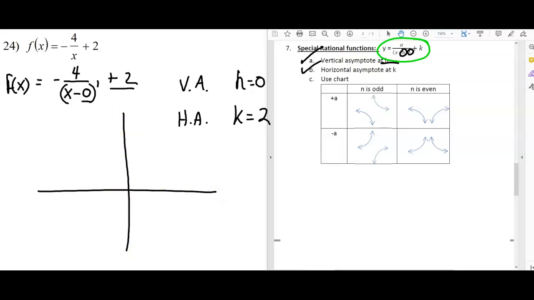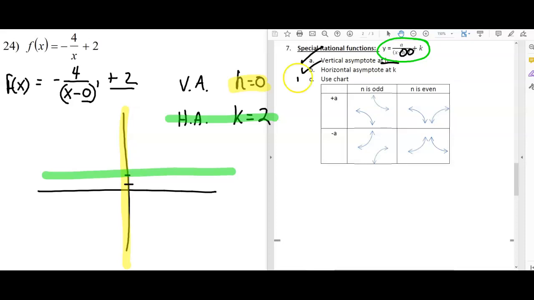I have a horizontal asymptote at h equals 0. Oh, you know what? My bad. It goes this way. Vertical asymptote, sorry. Vertical asymptote. And then we have a horizontal asymptote at k equals 2. Okay, and I'm just using a highlighter this time to represent my asymptotes.